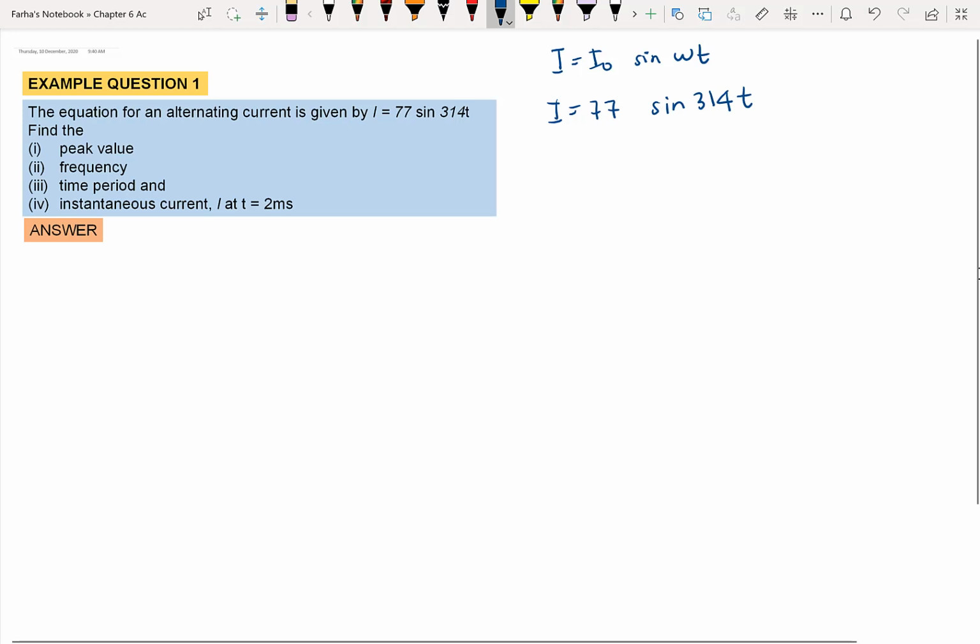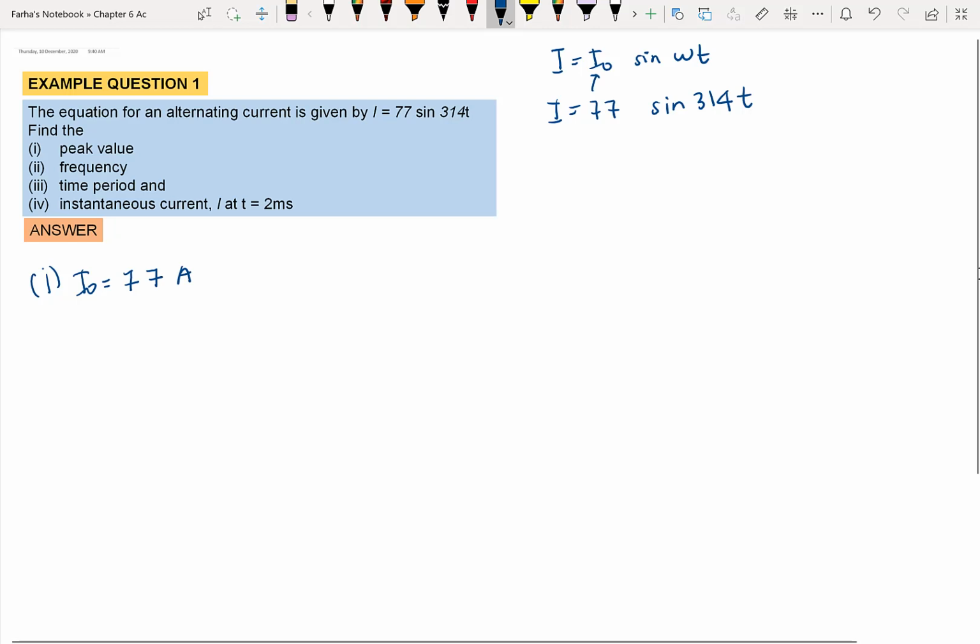So the peak current I0 is equal to 77 ampere. Don't forget to put the unit. Then find the frequency.